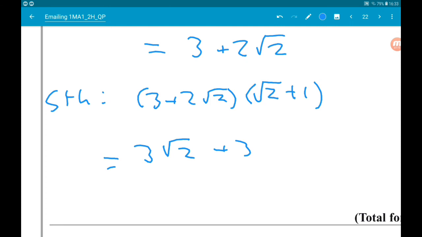Root 2 root 2 is 2. So, 2 root 2 root 2 is 2 times 2, which is 4. And then we get 2 root 2 times 1, which is 2 root 2.